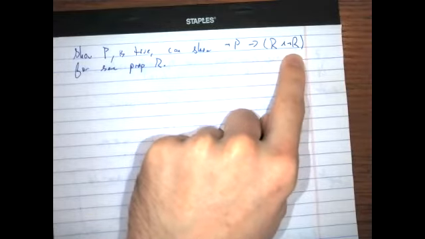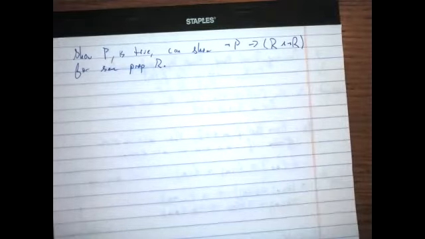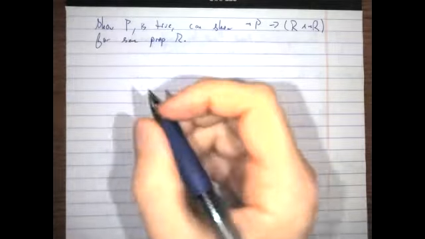R and not R is false. So this is the same thing as not P implies false. So this is essentially the proof strategy. You take the negation of the statement that you want to prove and you show that you produce a contradiction from that. Okay, so let's do some examples.